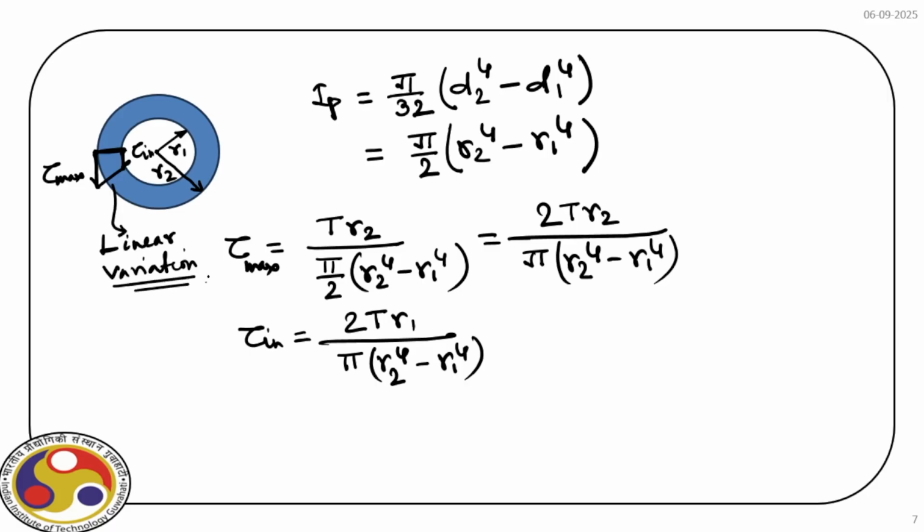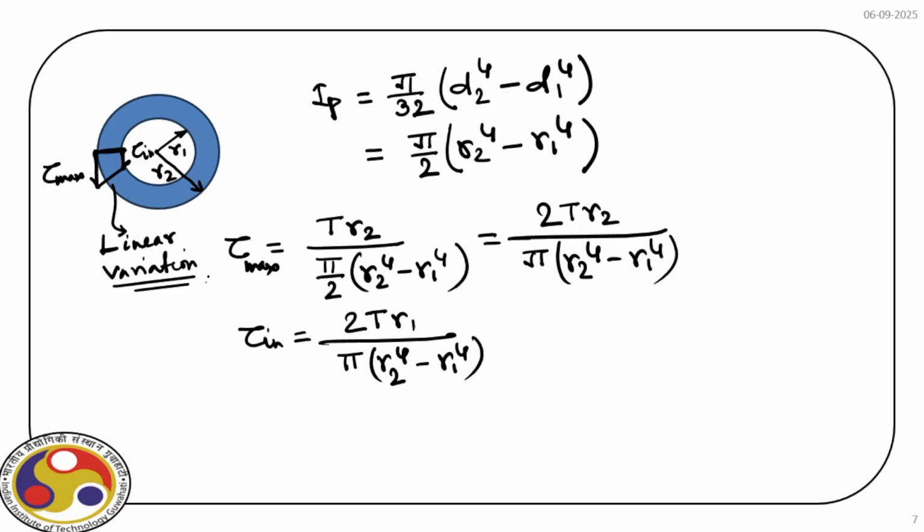So that completes the exercise. If we have a circular cross section, then if we apply a torque T, we can easily quantify the stress over the cross section. We can plot the stress and we can also develop the relation for the hollow cross section, as you can see on your screen.